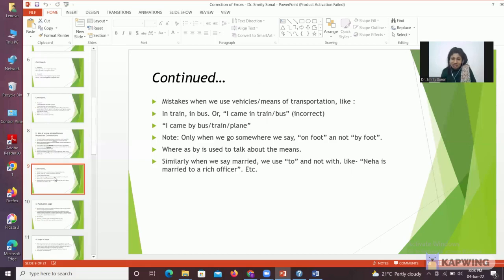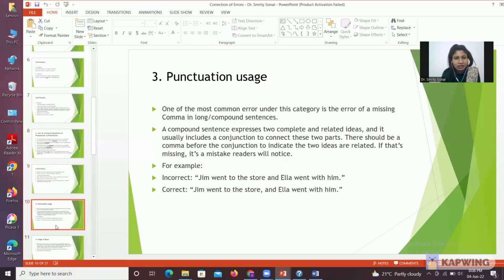So we have to understand the difference between in, on, and all the other forms of preposition. Similarly, we have punctuation usage: when we use punctuation like comma and full stop in wrong ways, that can alter the meaning of the sentence, giving a wrong message or a wrong meaning to the reader.